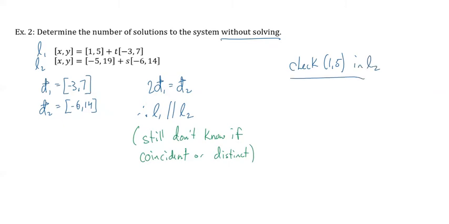So I'll check the x first, and I get 1 equals negative 5 minus 6s. And then for the y's, I get 5 equals 19 plus 14s.